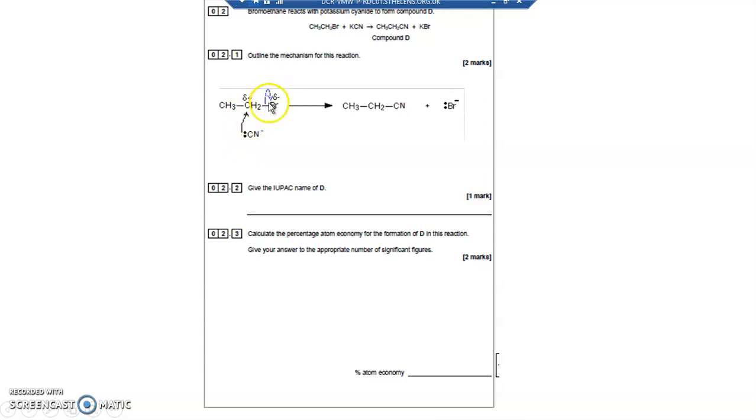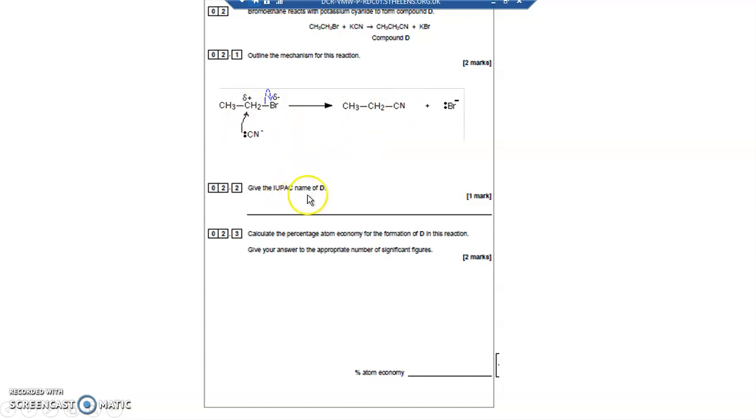The electrons then go from the C-Br bond onto the Br. So the CN then bonds to the C, so I end up with CH3CH2CN, and the Br gets a minus charge because it's had electrons moved onto it. The CN part doesn't have a charge because it's had electrons move away from it.